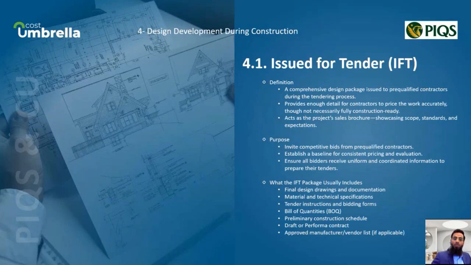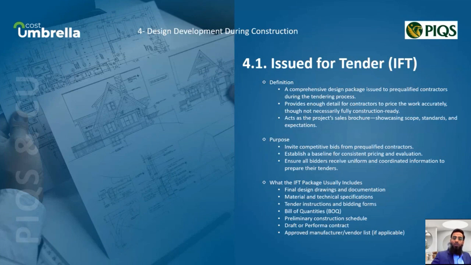The primary purpose of the IFT is to invite competitive bids specifically from pre-qualified contractors, establishing a clear baseline for consistent pricing and evaluation. By providing uniform and coordinated information to all bidders, the IFT ensures that they are well equipped to prepare their tenders.